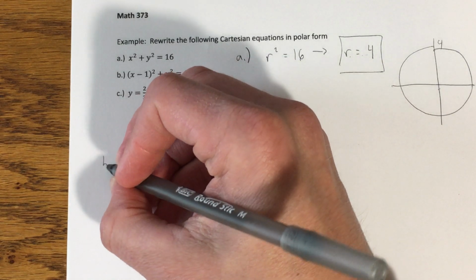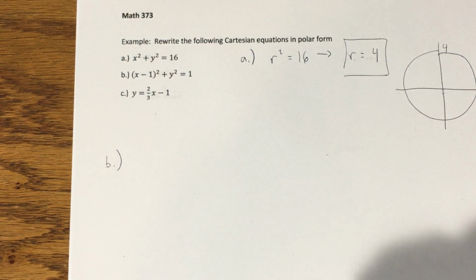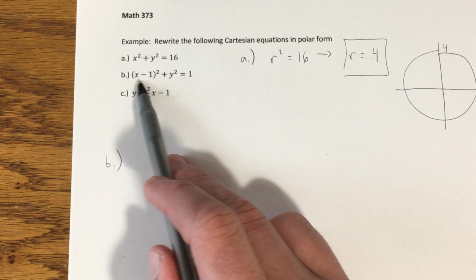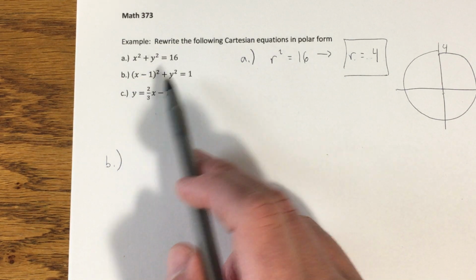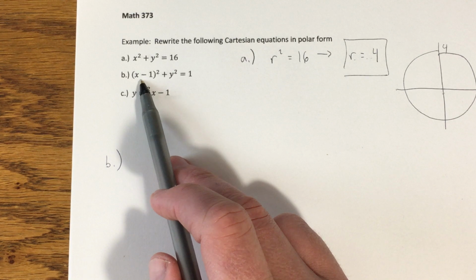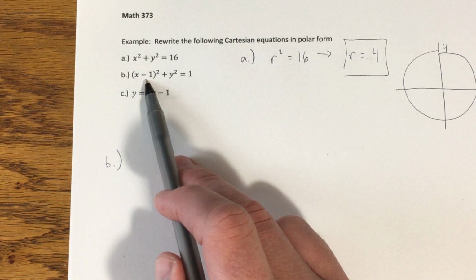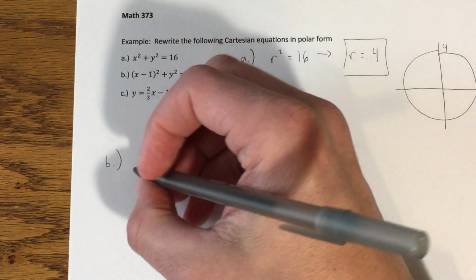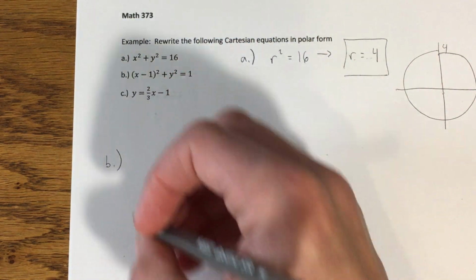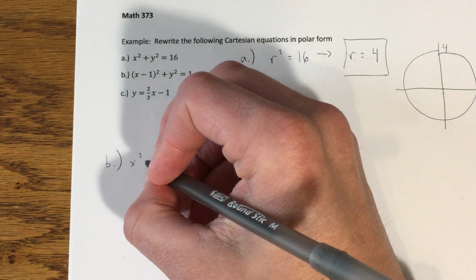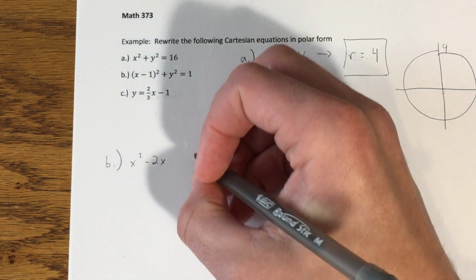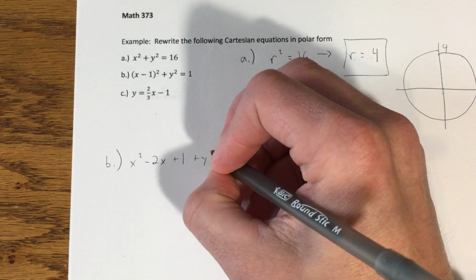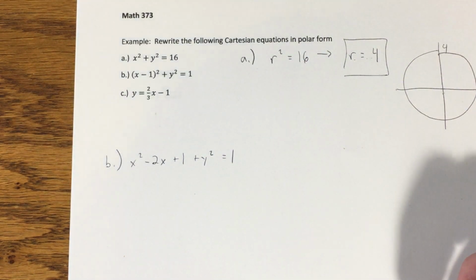I'm going to do this over here. So B, I can start by plugging in some conversion formulas right away if I wanted to. But what I'm going to do instead is expand this out before turning things into r's and thetas. So for this one, if I expanded x minus 1 squared, that's x squared minus 2x plus 1, and then I have this plus y squared equals 1.